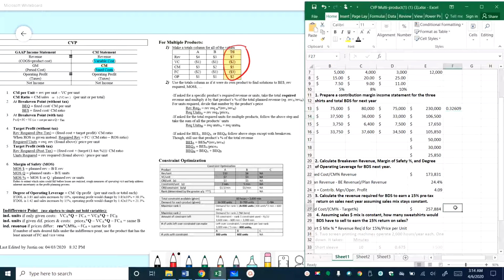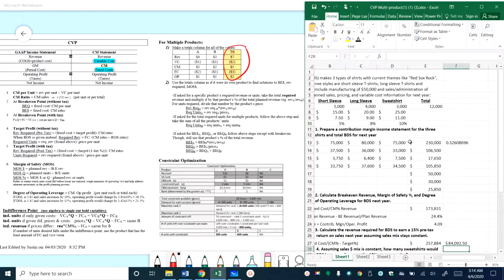So if we need to make this much revenue, then we'll just have to multiply that times a 32% mix for sweatshirts. We know that the sweatshirts need to make around $84,000.